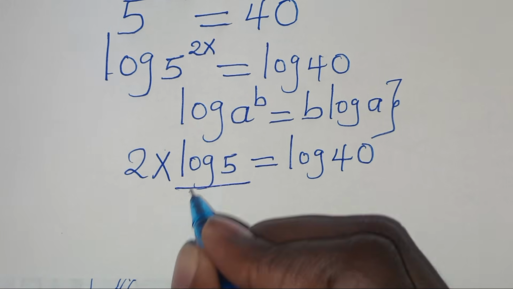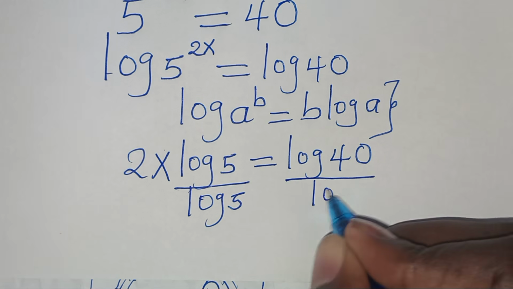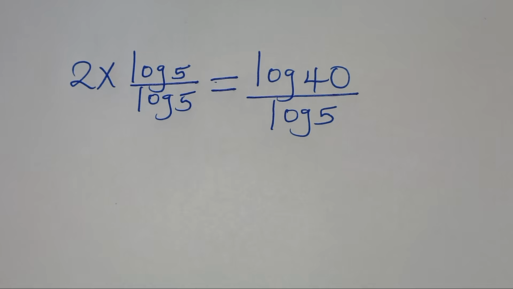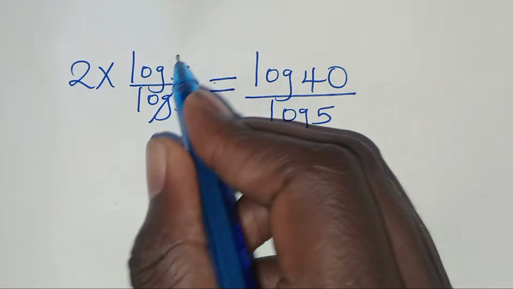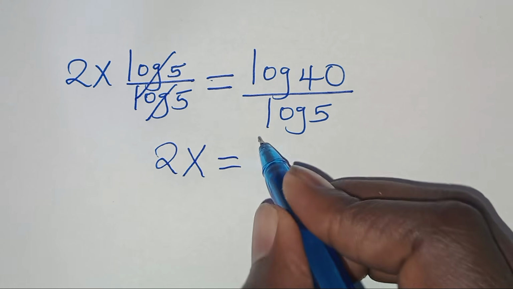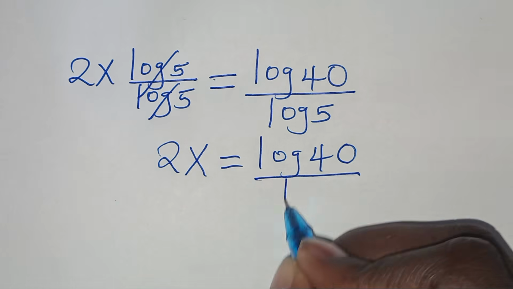Now let's divide both sides by log 5. Now let's simplify log 5 and log 5 so that you have 2x equal to log 40 divided by log 5.